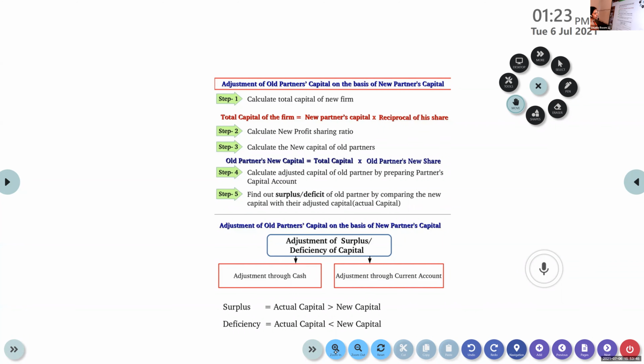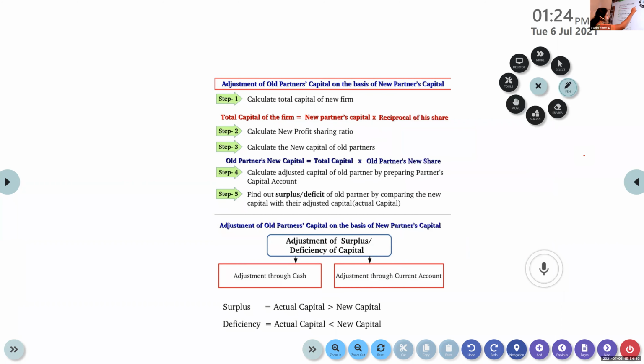So the first step is to find out the total capital of the new firm. This we have done already in the case of hidden goodwill. You remember? Total capital of the firm calculation. So how to find the total capital based on the new partner's capital? The new partner's capital into reciprocal of his share. Reciprocal means just the reverse of his share.